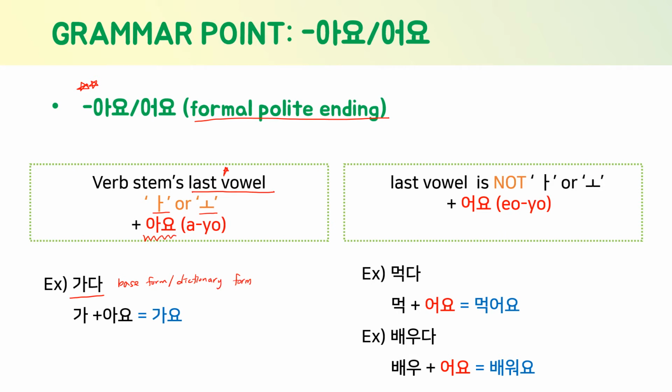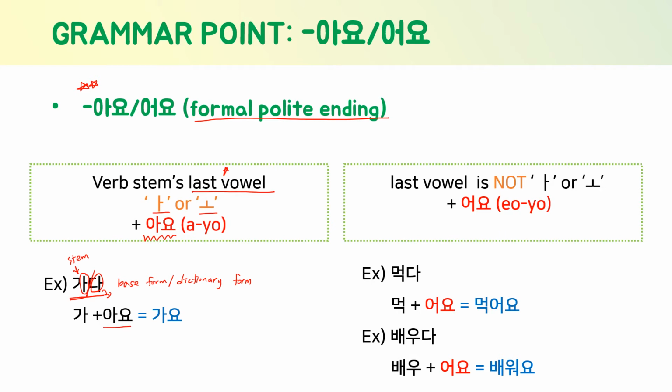So whenever you conjugate, you always have to drop 다, and then you conjugate to the stem. For 가, the last vowel is ㅏ, right? So you add 아요.